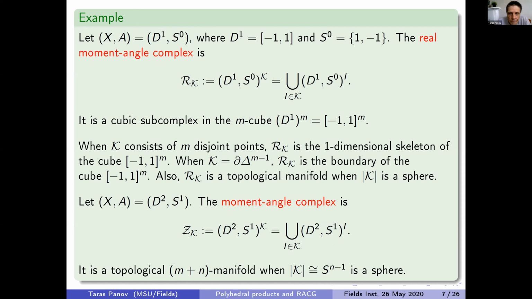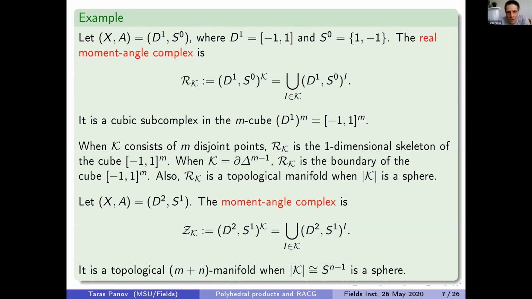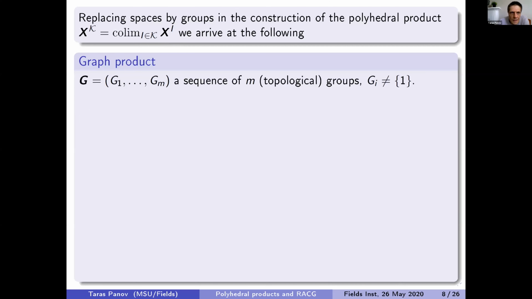Okay, so now what can we do with all that? First of all, let's look at this construction of the polyhedral product as a generic categorical construction, and then try to change the categories. What we can try to do is change spaces to groups, and then we arrive at another familiar construction in geometric group theory, which you can also do with topological groups, and this is interesting on its own.